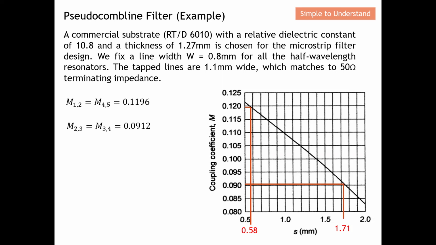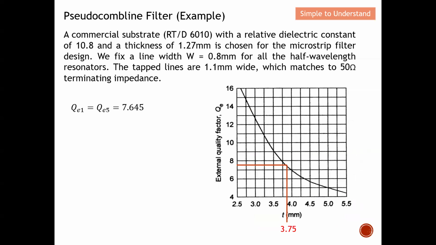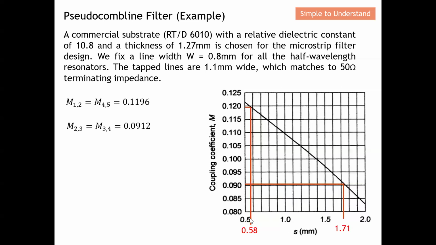If you are not sure how I plot this graph, take a look at that particular video, run some simulation, and you will be able to arrive at this graph. So what I have done over here is the distance, which is 3.75 mm. I have also done the gaps in between the resonators. For M12 and M45, the gap will be 0.58, and for the gap of M23 and M34, the gap will be equal to 1.71 mm.